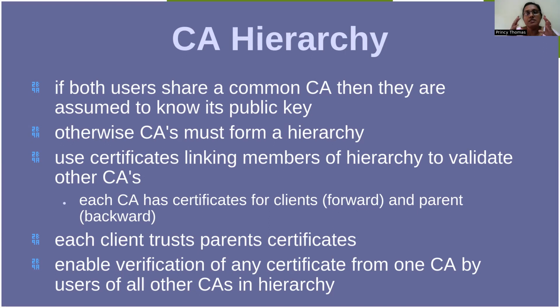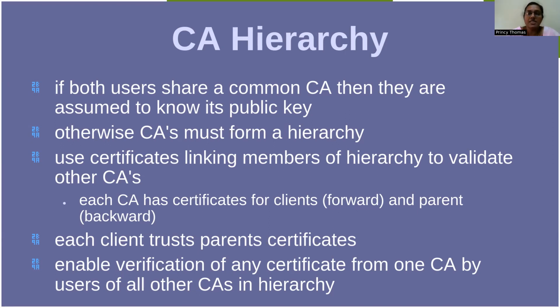So if there is a CA for a group of people, and another CA for another group of people, the communication between those two sets of users will be through the certificate authorities. Each certificate authority has the certificates of their clients, and they can forward the certificate to their clients and to the parents. So backward and forward certificate forwarding can be done.